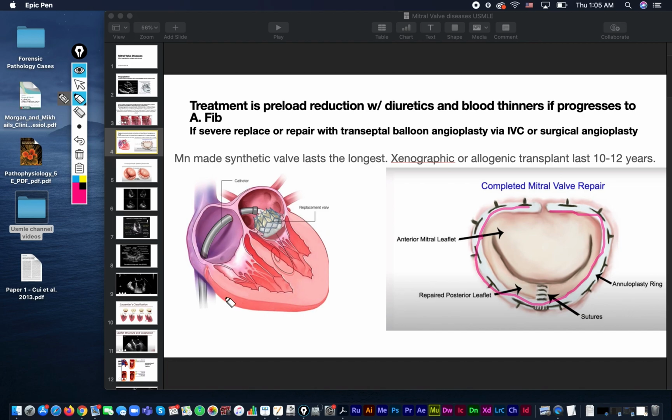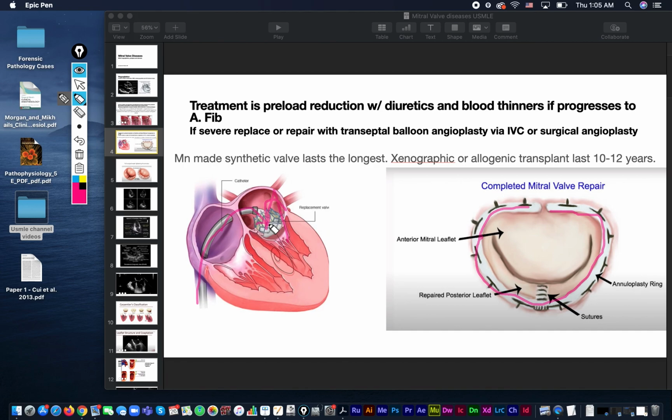In that case, you would have to do emergency valve repair, because if your cord ruptures, the leaflets will fail completely, and there would be so much regurgitating blood by the leaflets being flailed that this would be the option.